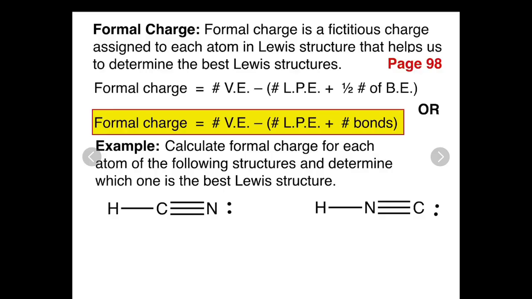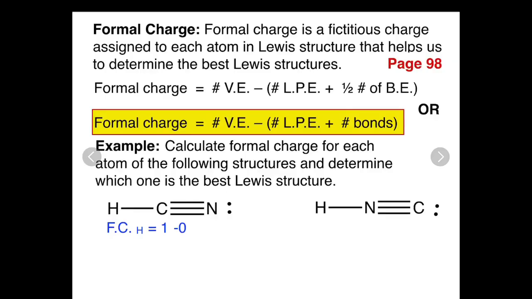Okay, so if you do so, you are going to start the formal charge with, let's take a look at the hydrogen first. In order to calculate the formal charge of hydrogen, you are going to take the number of valence electrons of hydrogen, which is equal to 1, minus the number of lone pair electrons around hydrogen. There are 0, so there is no lone pair, therefore it's going to be minus 0.